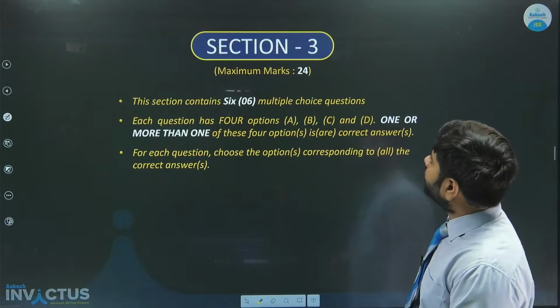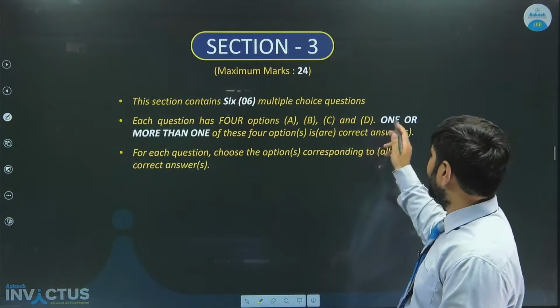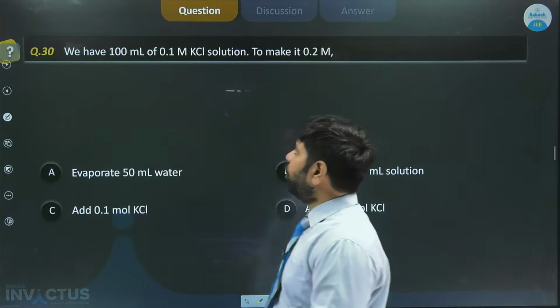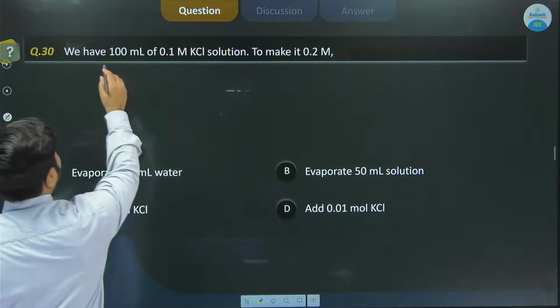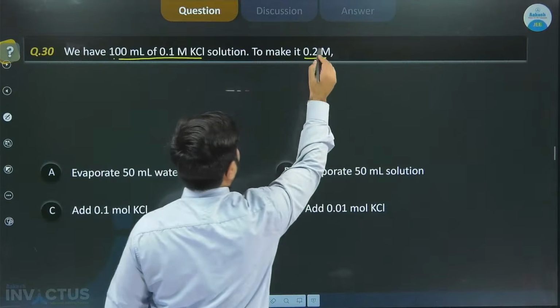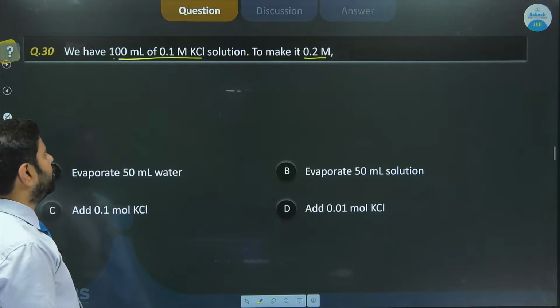Last section, section 3. This contains 6 multiple choice questions and one or more than one correct answers are given. When we have 100 ml of 0.1 molar KCl solution, to make it 0.2 molar, what will you have to do?